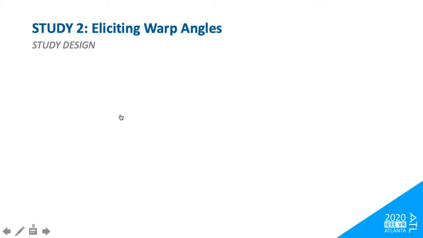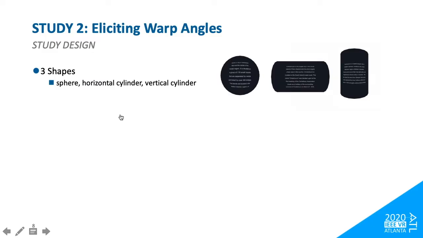It is still a within-subject design, but with three independent variables. At first, the three shapes. As I mentioned before, from study 1 we found that warping on one axis is better than two axes. So we focus on three different shapes: the sphere, the horizontal cylinder, and the vertical cylinder.